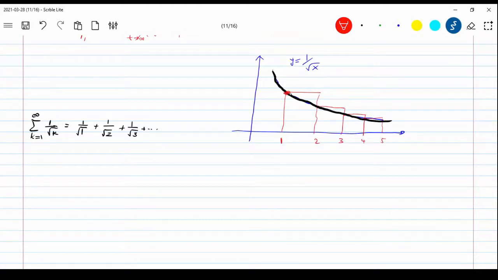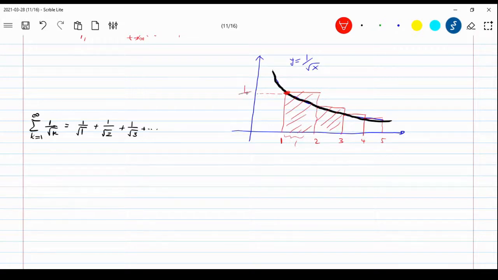At each point, if you look at the area of that square, it would correspond to the height times the length. The length is always 1, so basically the area would correspond to the height.